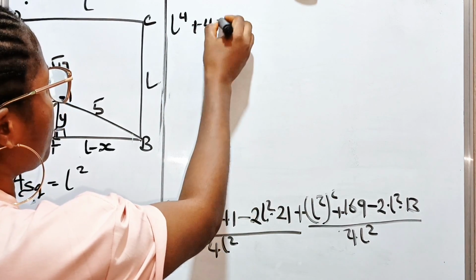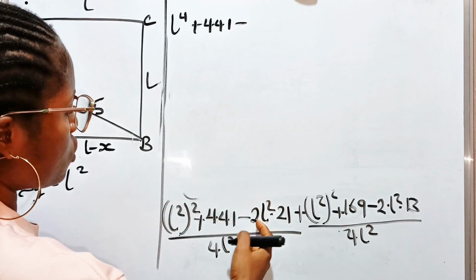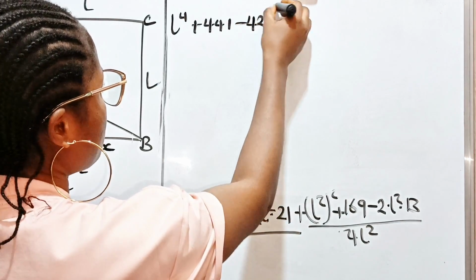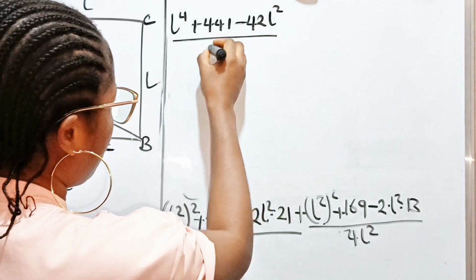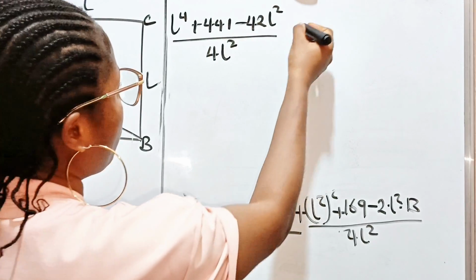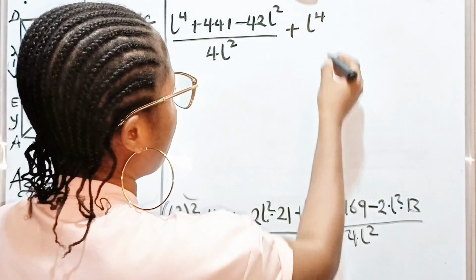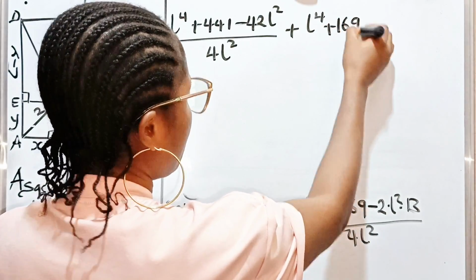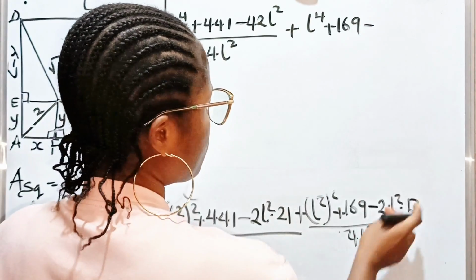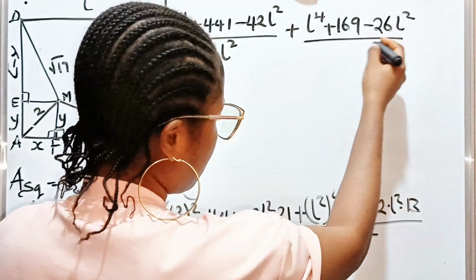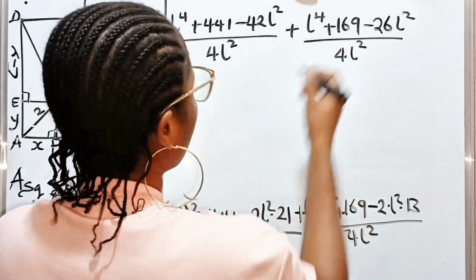plus 441 minus 2 times 21, which is 42, 42L squared, divided by 4L squared, plus we have L to the power of 4 here, plus 169 minus 26L squared, divided by 4L squared.